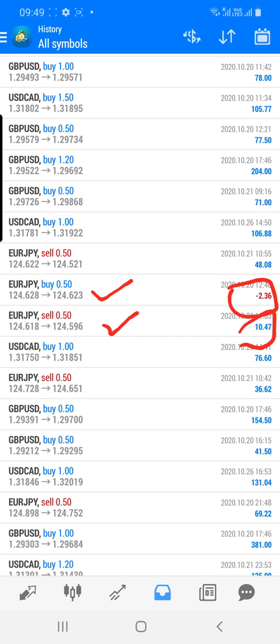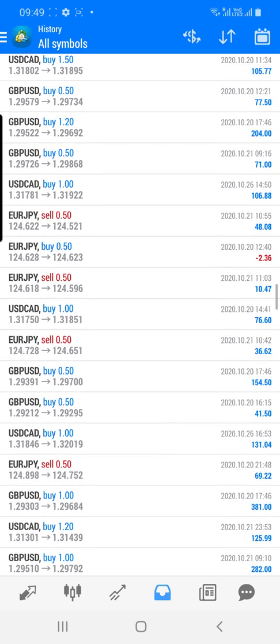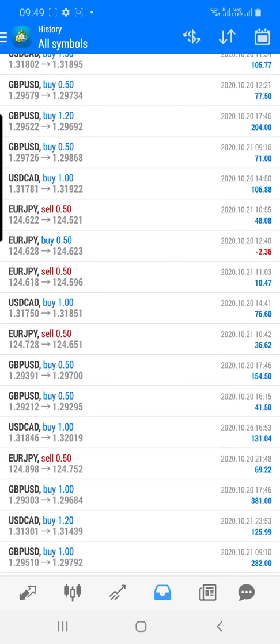So the day I close this $10, my account is remaining at $10 plus to hit a round figure. That's how I trade, because if you notice, I close at different profits: 48, 10, 41, 36, 150. If I want to keep the trade for long, I keep the trade for long.